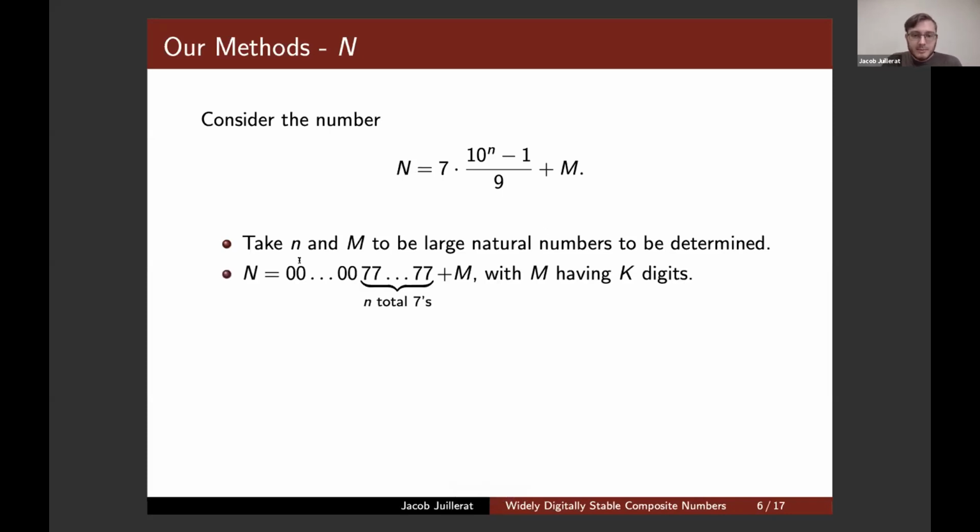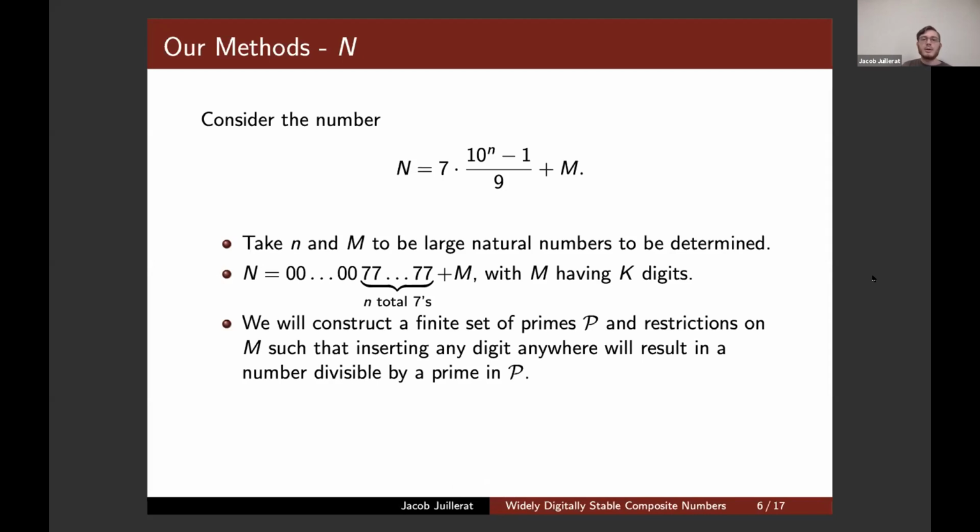This looks like a number that has leading zeros, then it has leading sevens, and then we're going to add this M to it. And we're going to require that M has k digits and let little n be greater than k so that we actually have a string of leading sevens. And we can do this because we're going to put congruences on little n, so we just take n to be large enough.